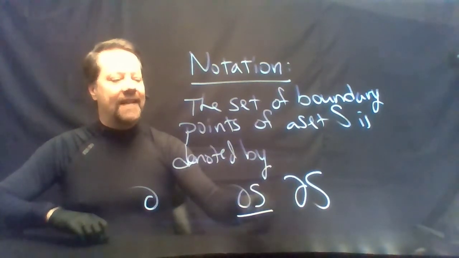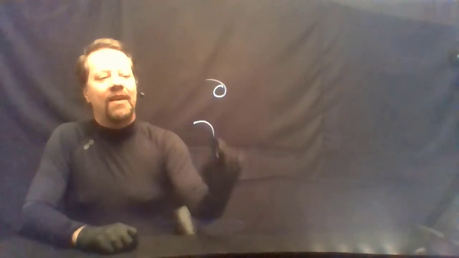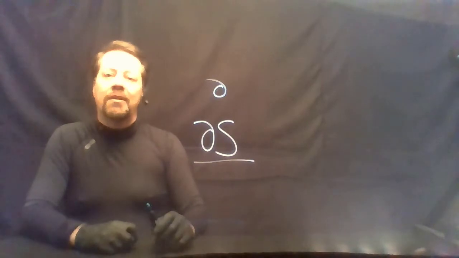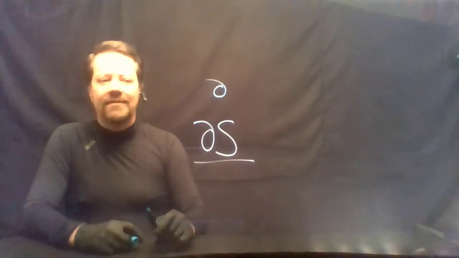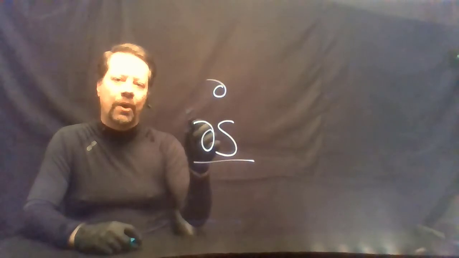So this contains only boundary points. This old style D is used for several purposes in this course, as you will see. Not only is it used to denote the boundary of a set, it will be used to denote partial derivatives later on. People used to write, back before the Civil War, the letter D, especially a letter D terminating at the end of a word, with this fancy little scrawl over it.